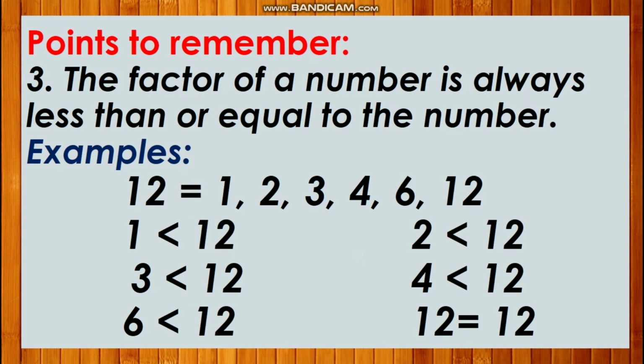The factors of 12 are 1, 2, 3, 4, 6, and 12. 1 is less than 12, 2 is less than 12, 3 is less than 12, 4 is less than 12, 6 is less than 12, and 12 is equal to 12. So, a factor of a number should always be equal or less than the number itself. So, we cannot have a factor which is greater than the number we are looking for a factor.